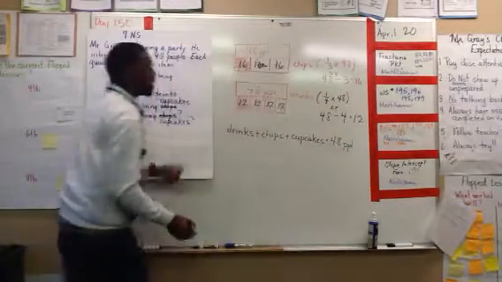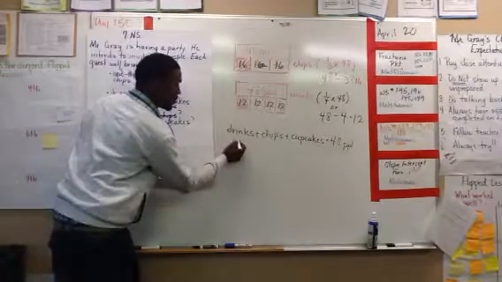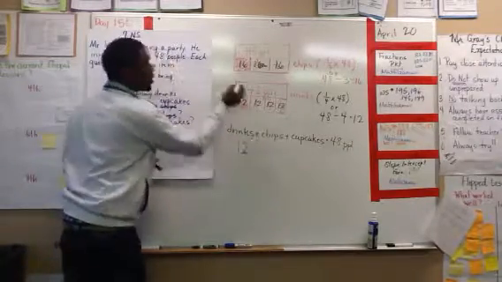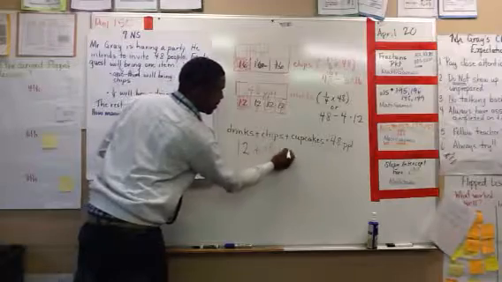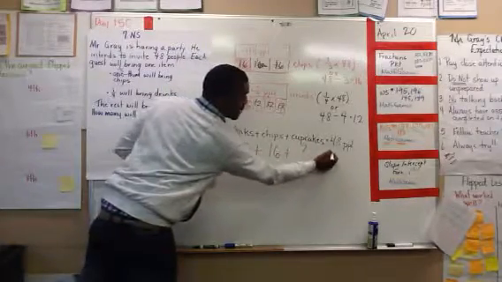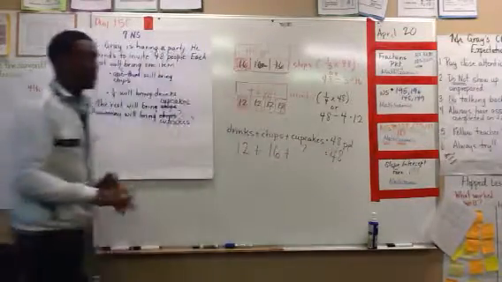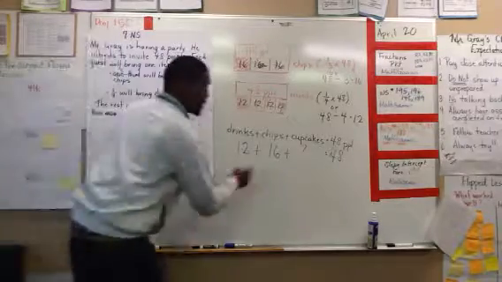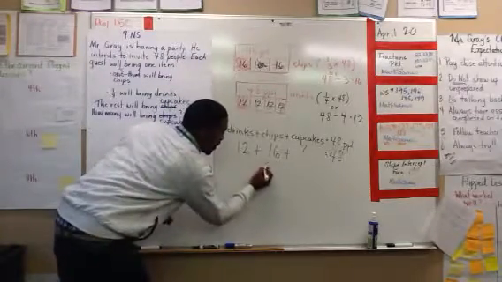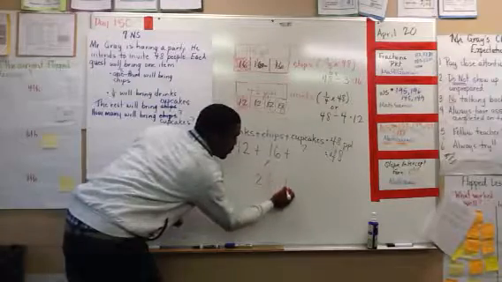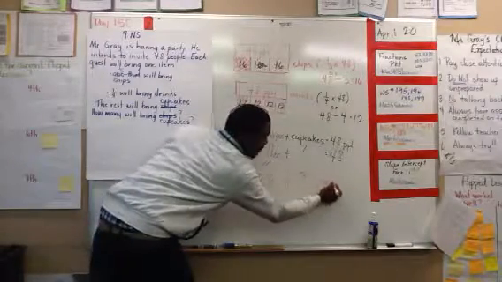Right? How many brought drinks? 12. How many brought chips? 16. So whatever that missing piece is, should give us 48. When I do 16 plus 12, I get 28. So 28 plus what? Has to be 48.